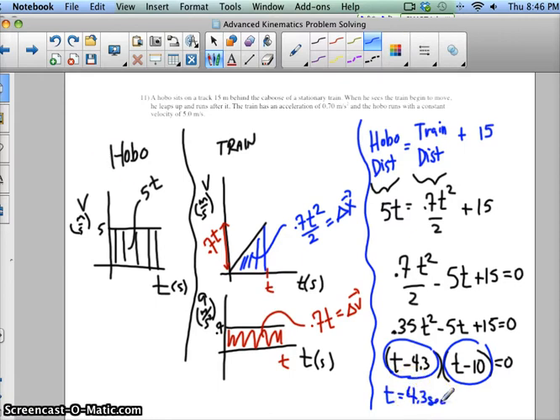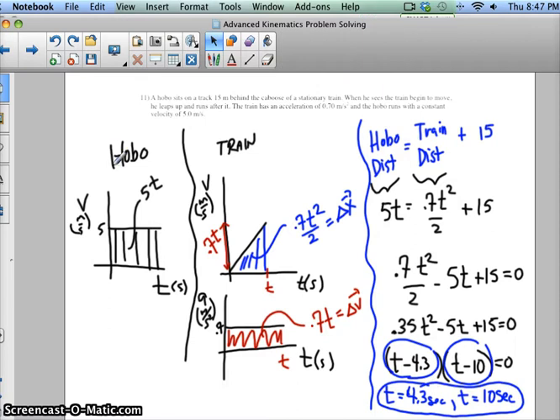Or, it's actually and or, t equals 10 seconds. So in some cases, one of these is a solution. But in this case, it's kind of interesting because it appears as though the hobo is going to have two chances to catch this train.